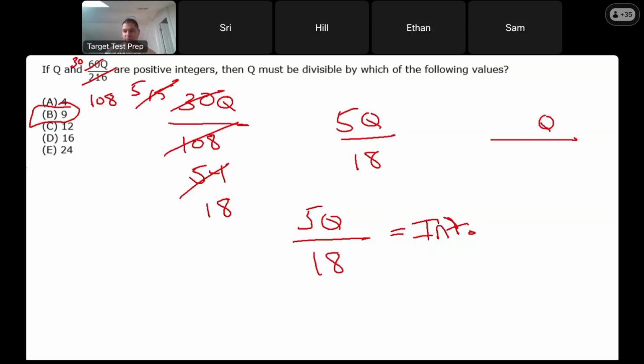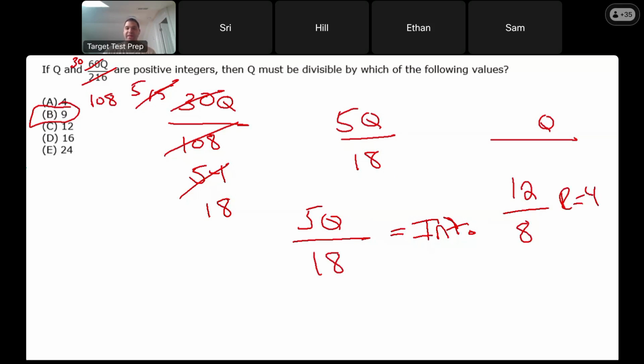Now, one quick note, and we will end on this question here. This is an important note. When you're doing remainders, and I repeat, put this on a flashcard, whatever it is, when you're doing remainders, you cannot reduce. There's no part of you that can reduce and then come up with the remainder. The reason people make this mistake is because they think about fractions. But if you have 12 over 8 and you need a remainder, that's a remainder of 4.